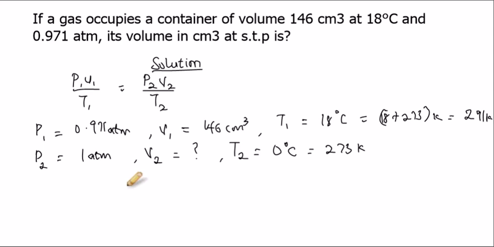Now we've gotten the values for the variables and we identified our unknown to be V2. The next step is to make V2 the subject. From the formula written above, we cross multiply, so V2 equals P1 V1 T2 divided by P2 T1.